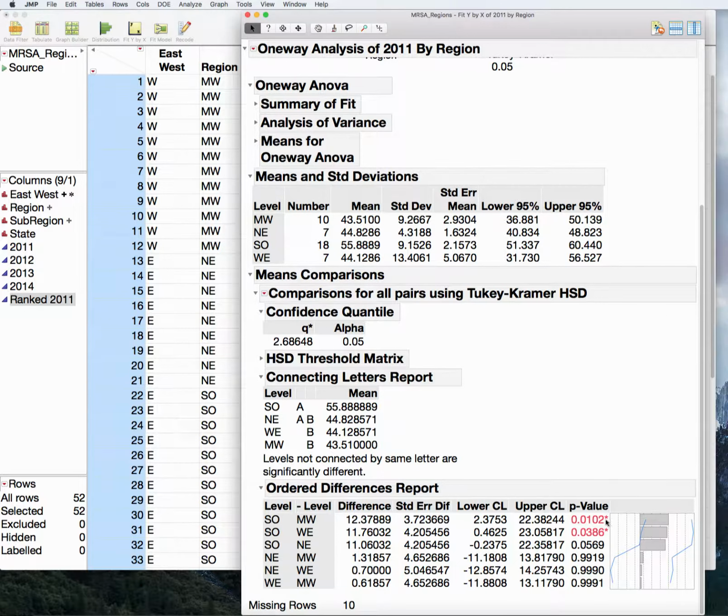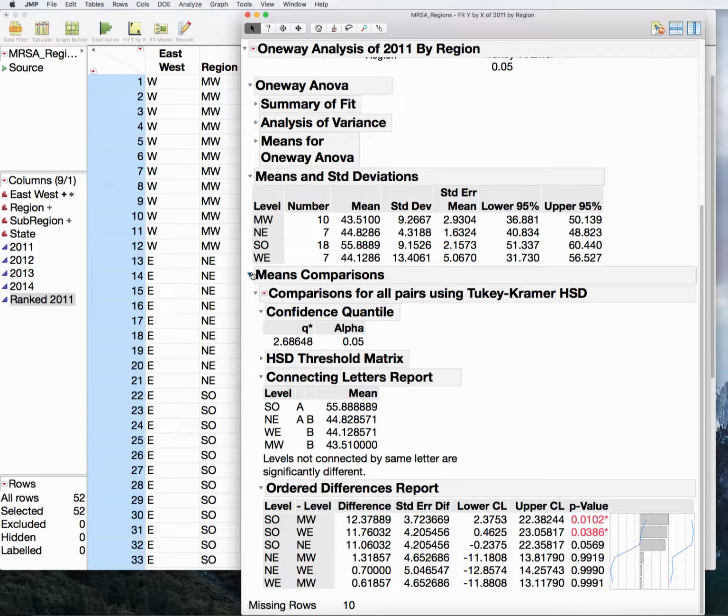And that really can make all the difference in the comparisons. 11.8 to 11.1, here is the demarcation line between South being different and South not being different. So in this case, we have declared a statistically significant difference in means, and the means that are different are South from Midwest and South from West. The remainder of the regional differences are not statistically significantly different, and those p-values are also given here.